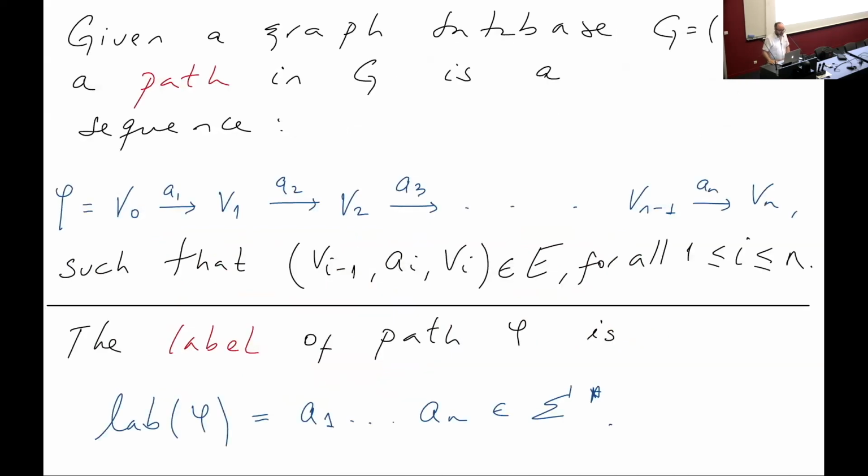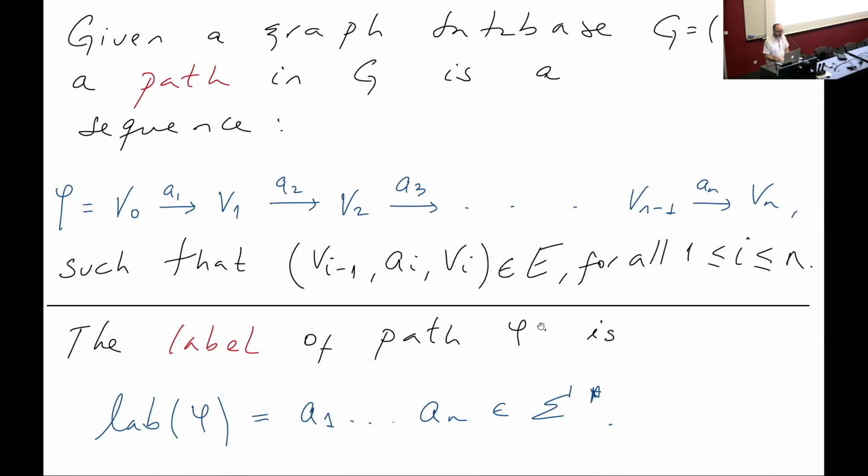So what for us will be a path in a graph database is just a sequence of consecutive edges, right? But what is more important for us for a path is the label of this path, which is the concatenation of the symbols that appear in the edges.